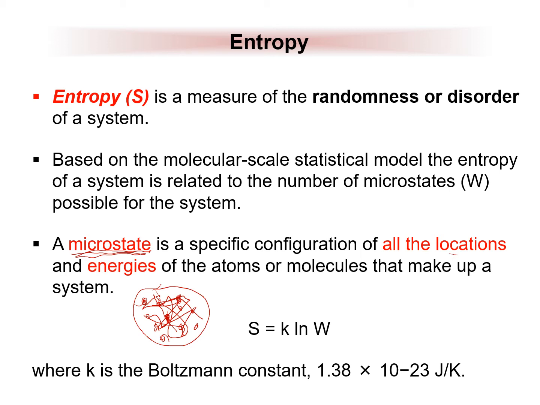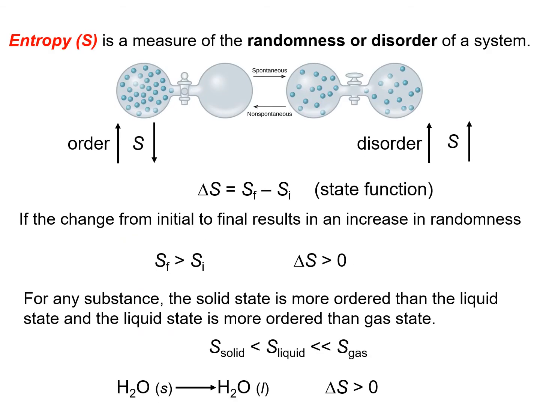I would ask you to predict the entropy change for a system, but it has nothing to do with microstates. So we are just going to skip all the further details about microstates that are given in your book. The only thing you should know is what a microstate is, how it is defined, and how it is related to entropy. Okay, moving on.